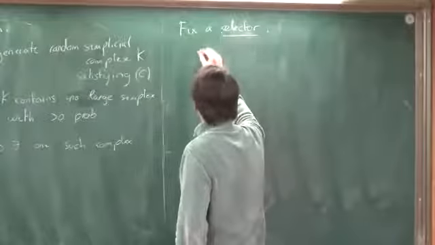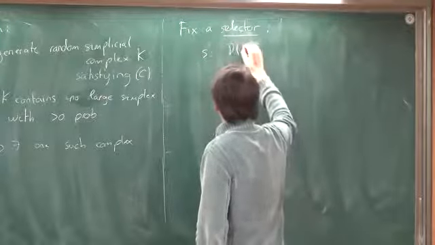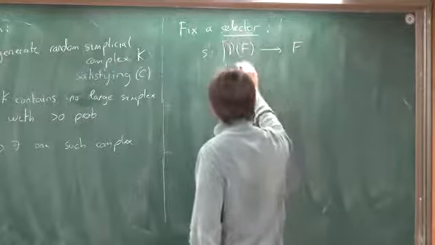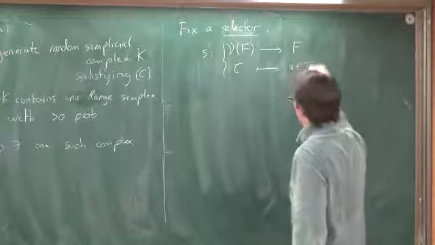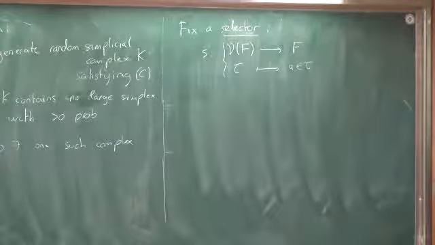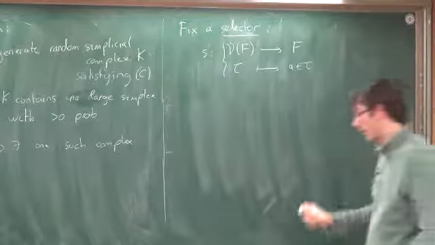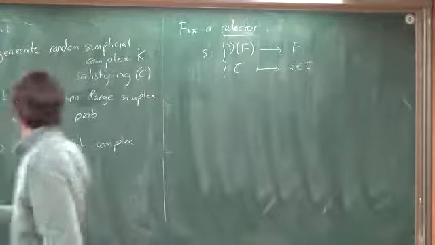This is a map S that goes from the Venn diagram to F, and for every face tau, I map it to some vertex in tau. So for each face in the Venn diagram, I mark one vertex, and I want this vertex to remain uncovered by minimal non-faces. If that is true, then the complex satisfies this condition.